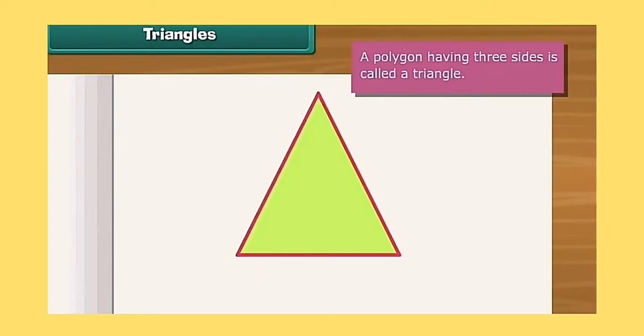So a polygon that has 3 sides is called a triangle. It has 3 vertices, the corners, and it has got 3 angles. Triangle will be denoted by this symbol. You see this symbol? This is the symbol for triangle.